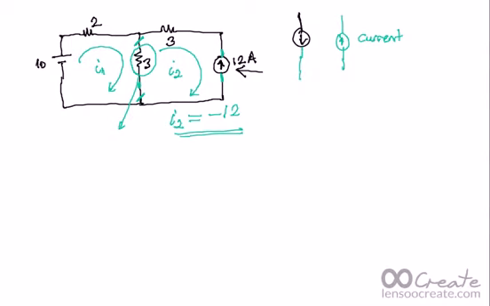So you don't need to write an equation for I2. Here there is a minus because the direction we assume is opposite to the independent source. That's why I say my I2 must be equal to minus 12 ampere.